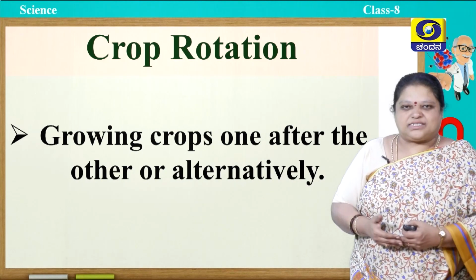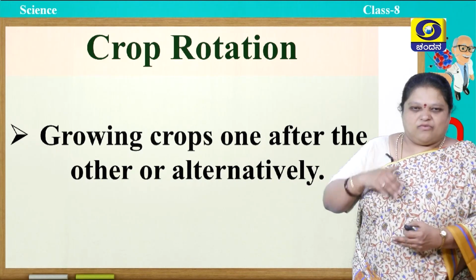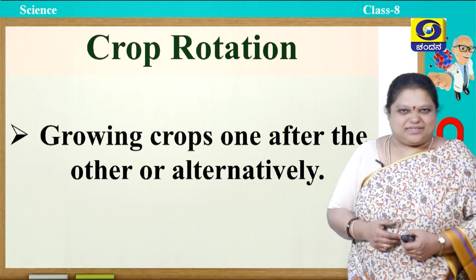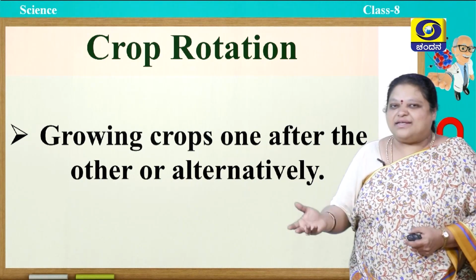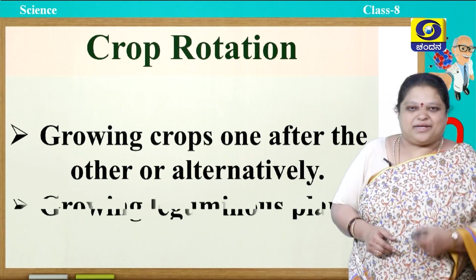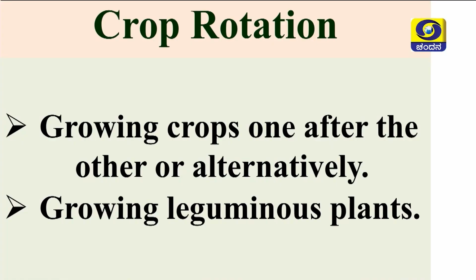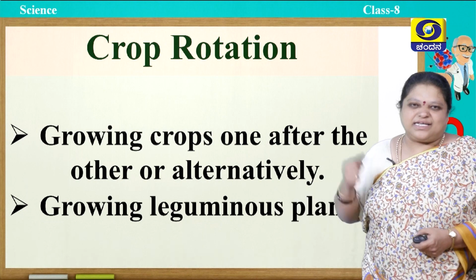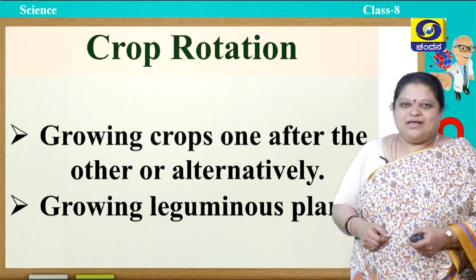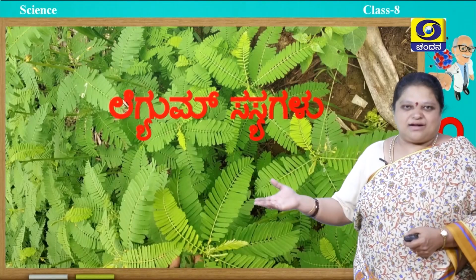You have to grow crops one after the other, or you can grow them alternatively. Like that you can increase and retain the fertility of the soil. Usually, if you use leguminous plants, you can increase the fertility of the soil while growing the dicot plants. These leguminous plants are very useful.